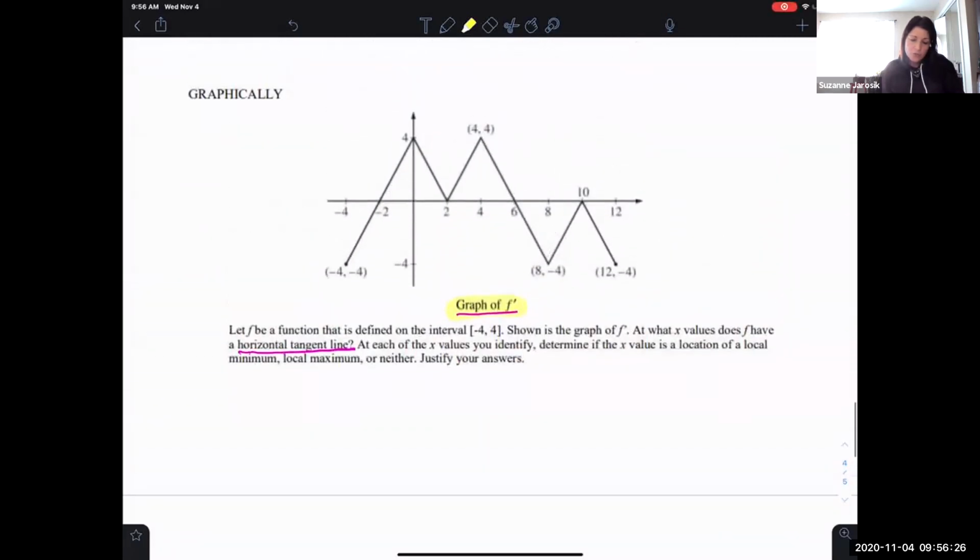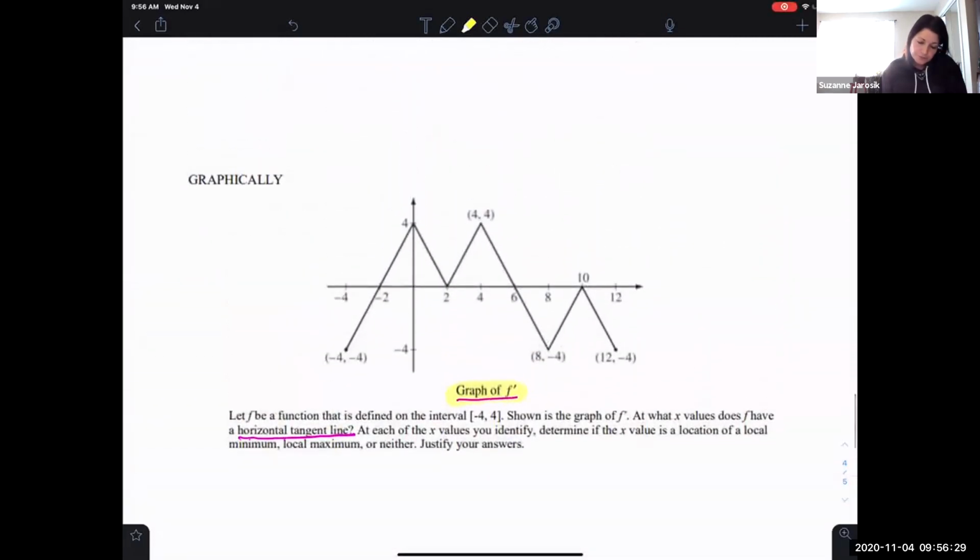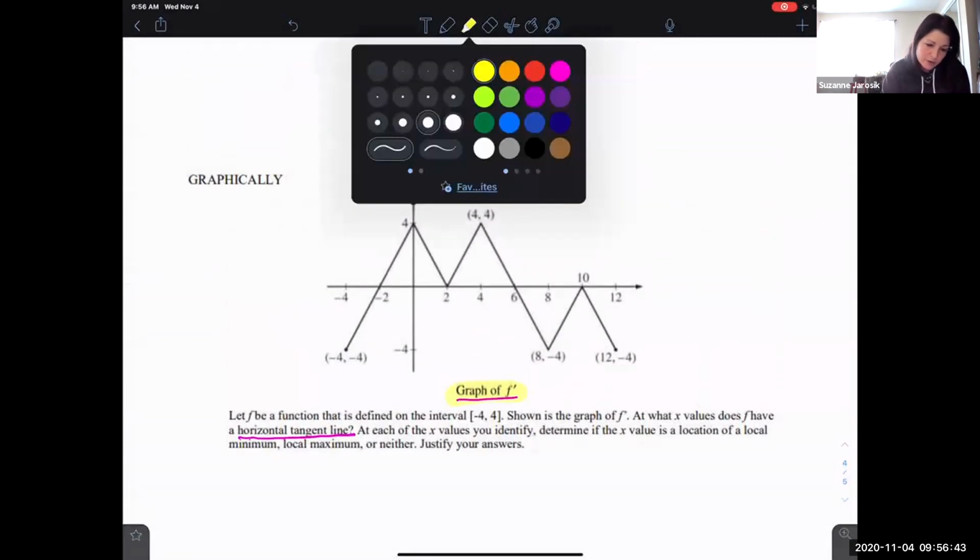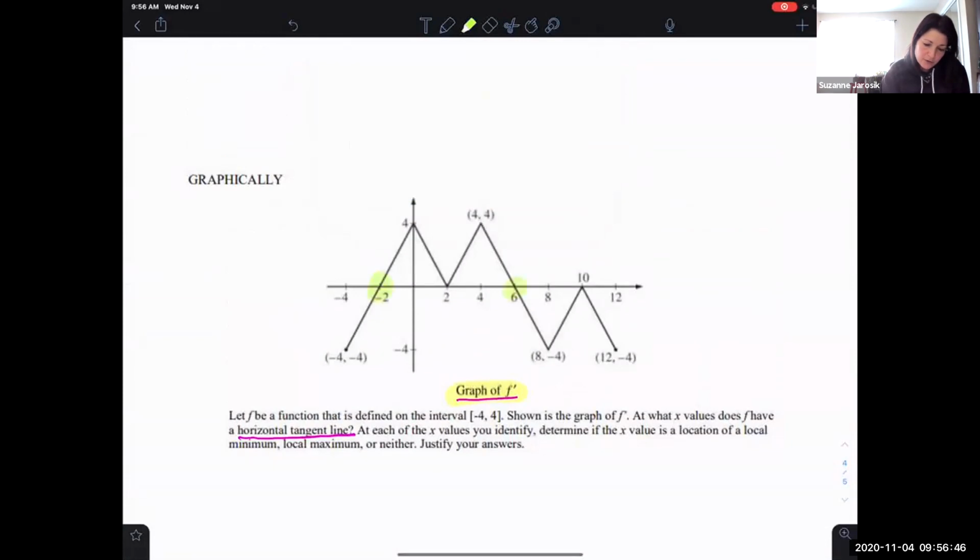Okay, so what do we need to find first? All those places. So we are here, here, here, and here. That's all those places where f prime is equal to 0. So f prime at x equals -2, 2, 6, and 10.